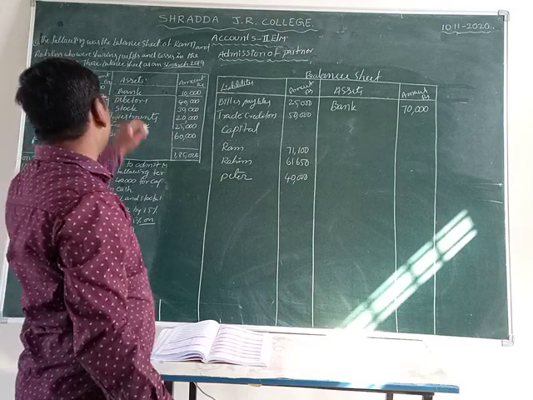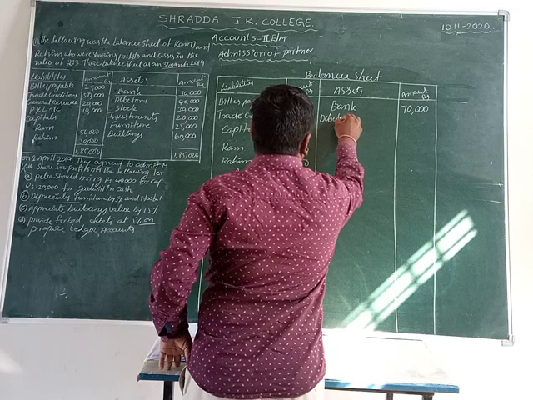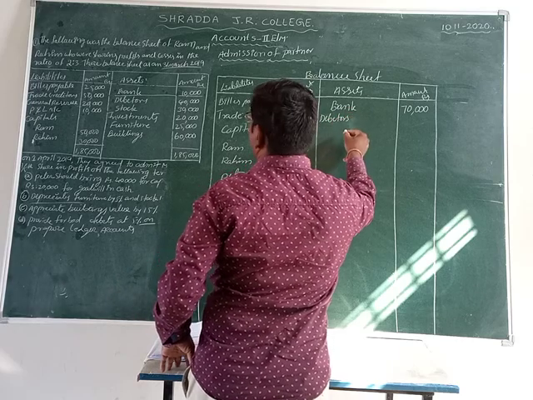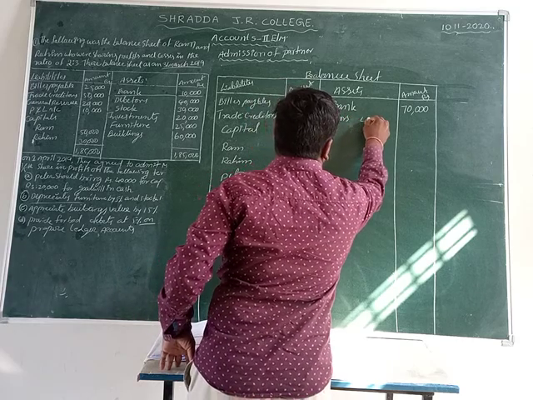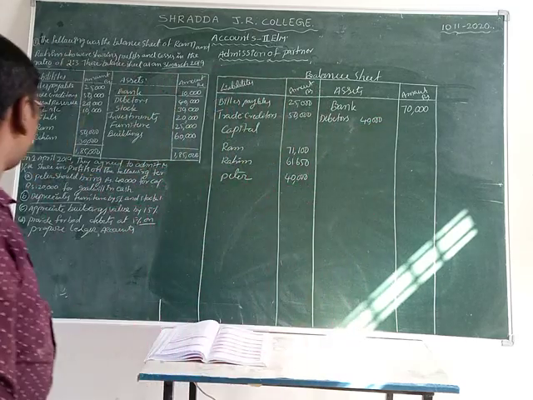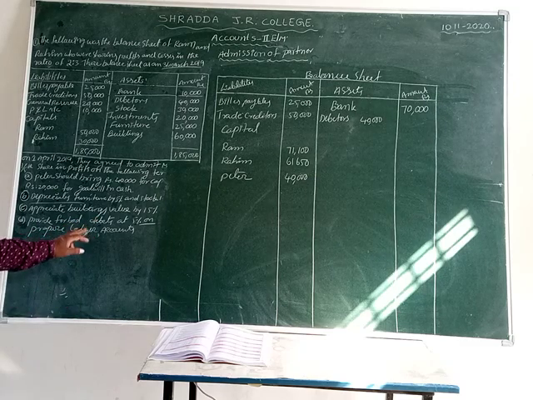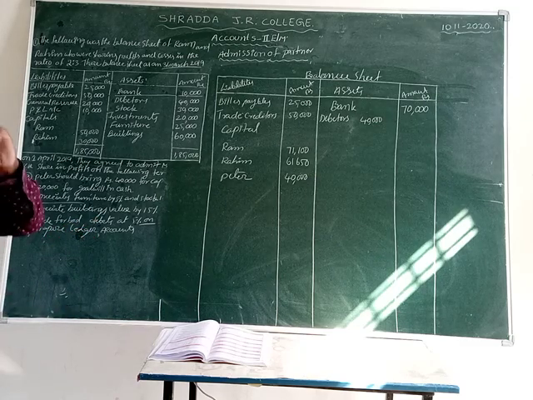Now the next one is debtors. Let us take here debtors. Value is 40,000. They have bad debts, isn't it? This is the provision for bad debts. Each and every adjustment, how many times can we take? Two times.